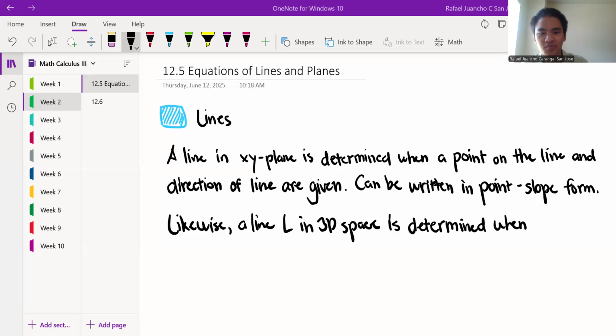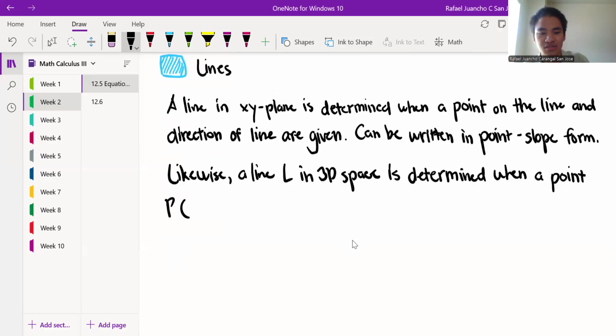When we have a point that's an ordered triple, we'll call it P naught, with coordinates x naught, y naught, z naught, on L, and a direction of L. This is where the concept of vectors comes into play.